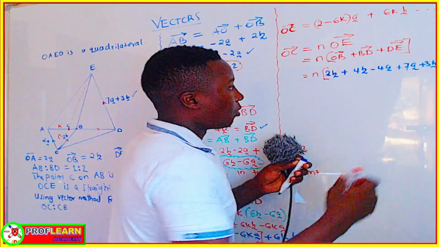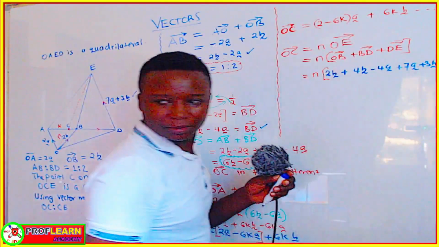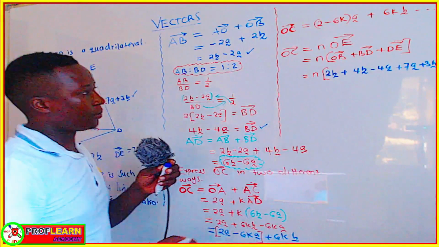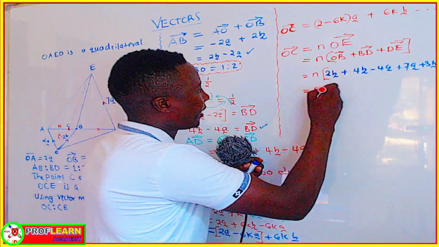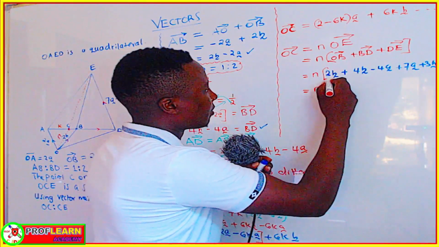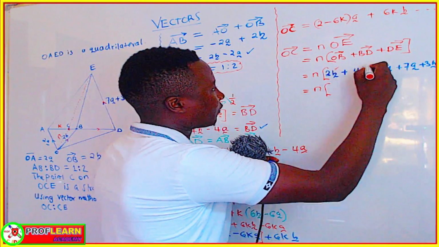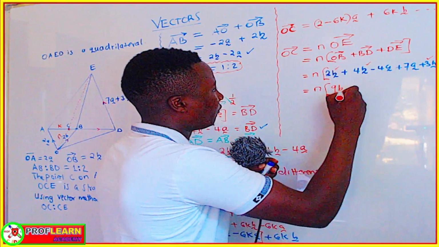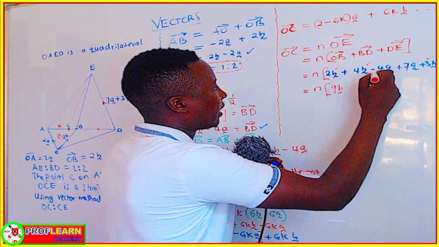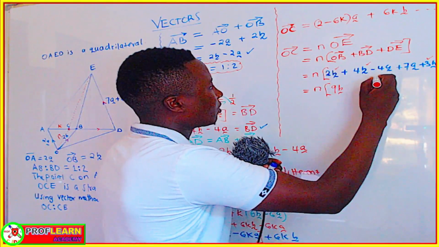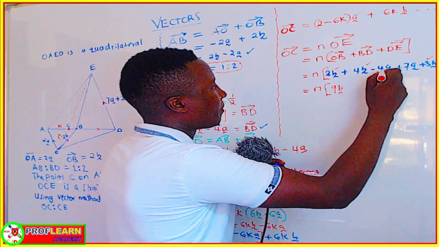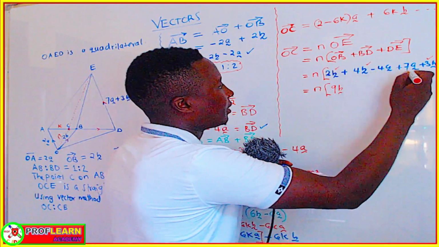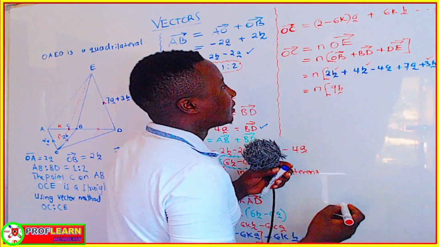So that we can now put the like terms together at that particular point and say our N is going to translate to what? 2B plus 4B is 6B, plus 3B becomes 9 vector B. Then we have minus 4A plus 7A.